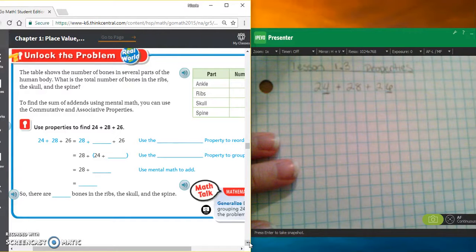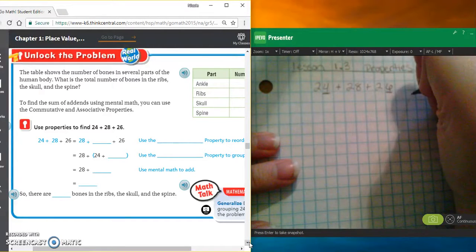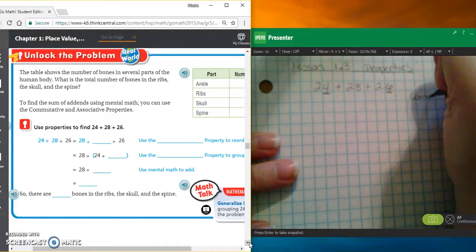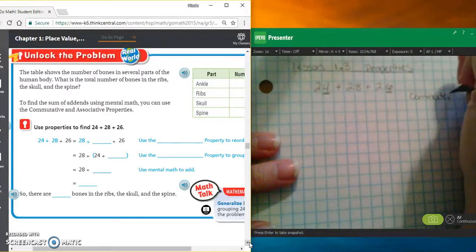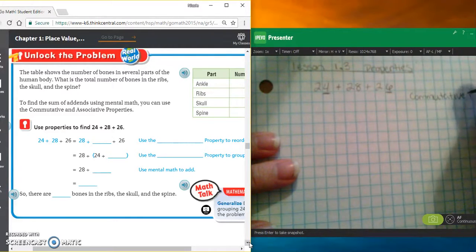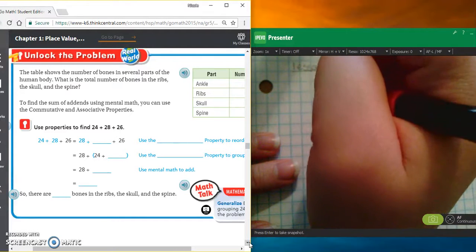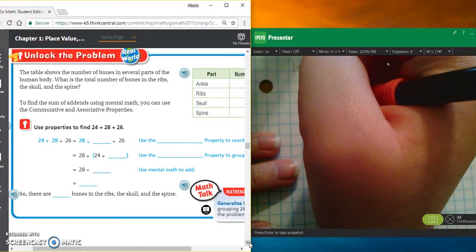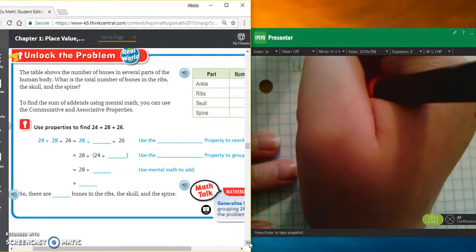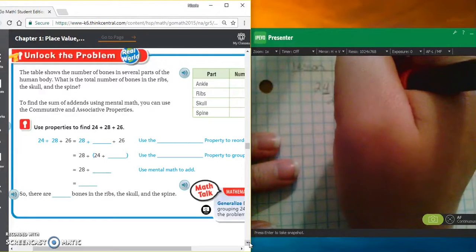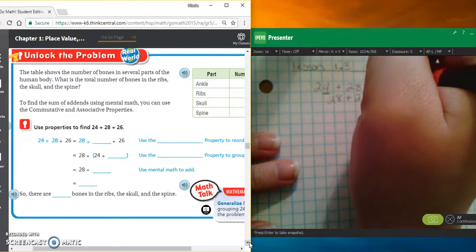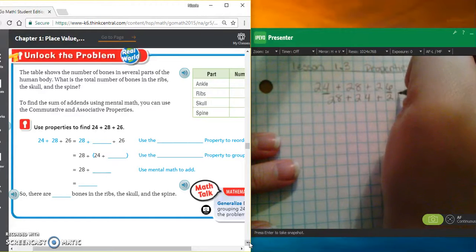So we need to use the commutative property in order to add them. So we change the order. So then we can have 28 plus 24 plus 26.